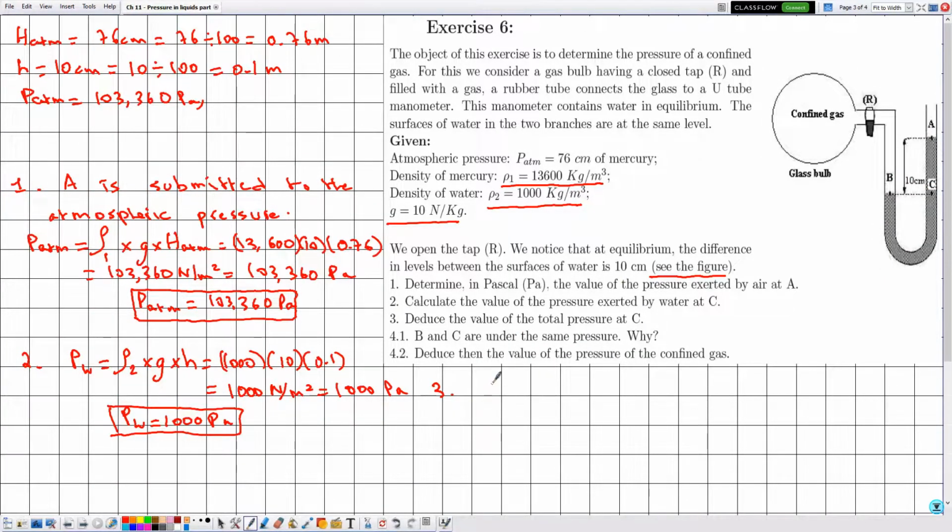Then let's say C is submitted to the pressure of water and to the atmospheric pressure.